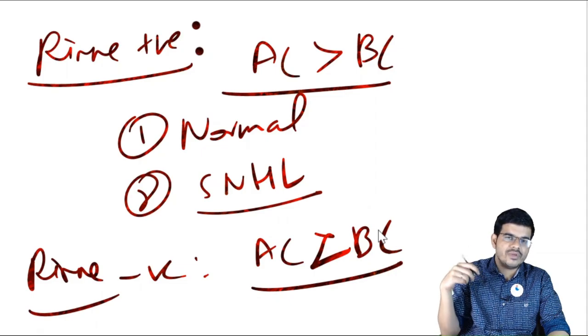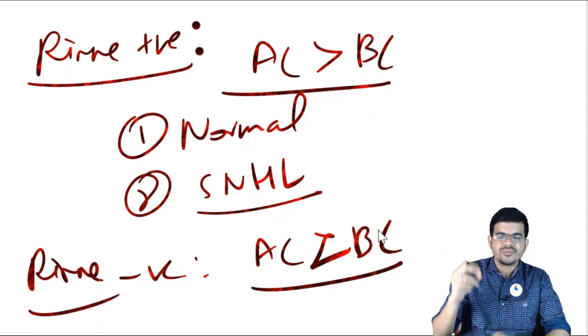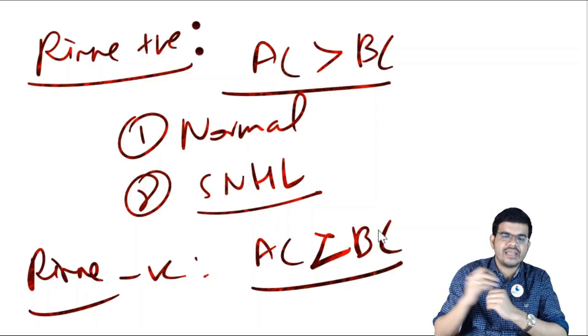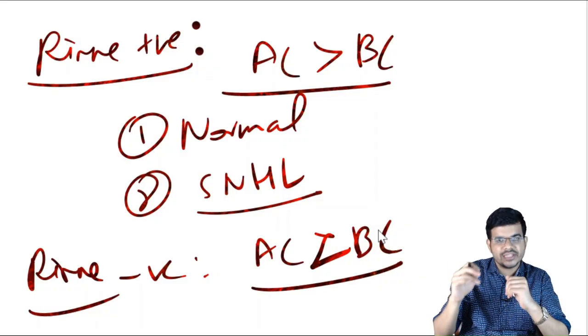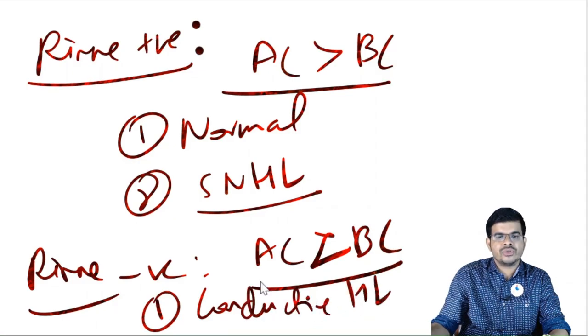When it is compared with the sound produced by keeping it over the mastoid, if air conduction is found to be less than bone conduction, it means Rinne is negative, and that is indicative of conductive hearing loss.